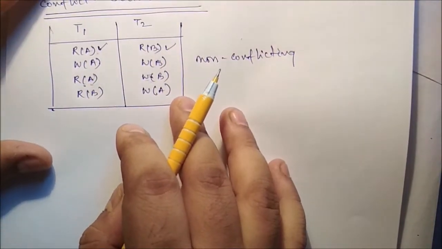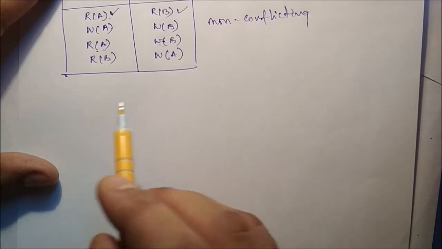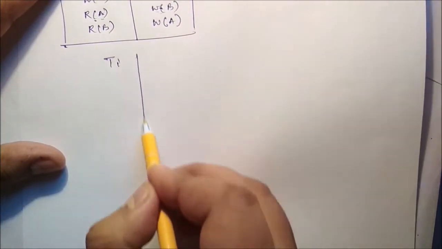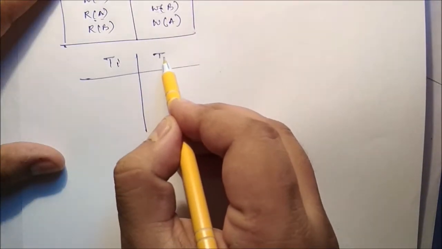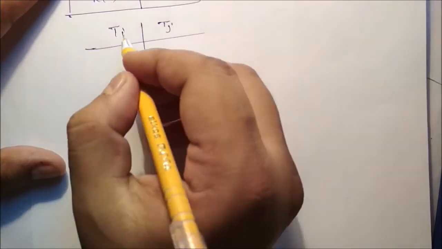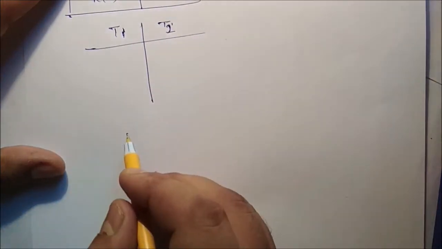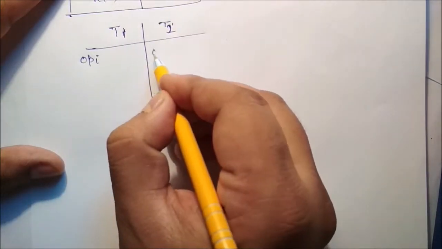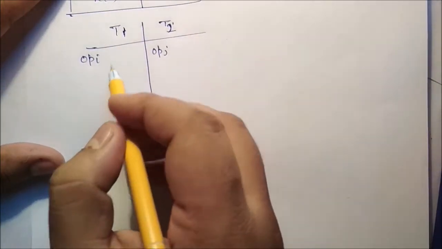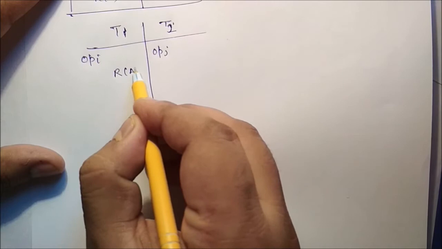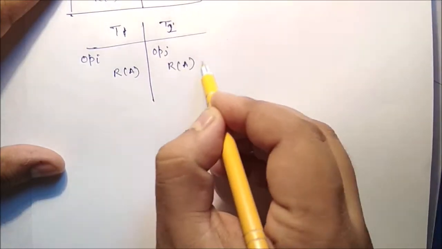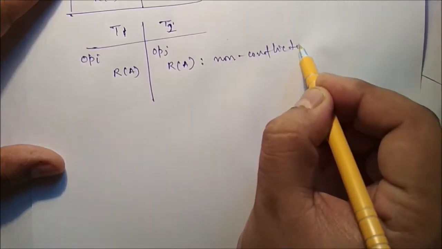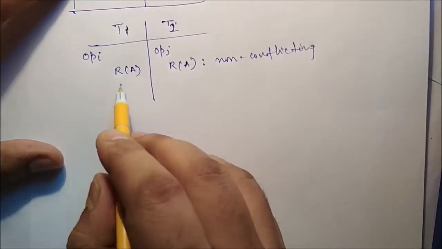Now if the variables are the same and the transactions are different, then it's a problem. Say Ti and Tj are two transactions and the operations are OPi and OPj. If it is read A and read A, it is non-conflicting, so there is no conflict between reads of the same variable.